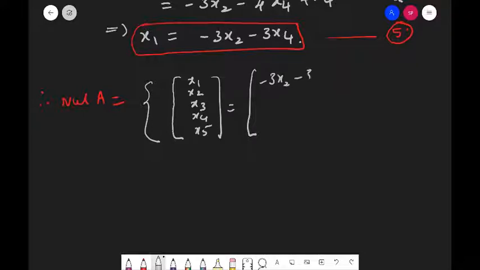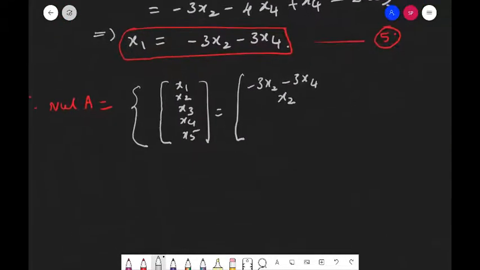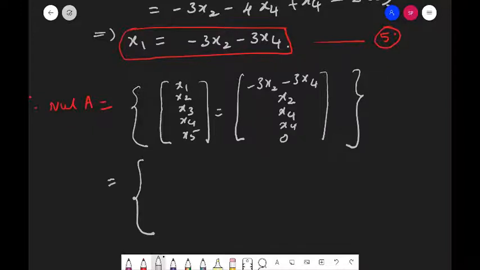Minus 3x2 minus 3x4. x2 is a free variable, as it is. x3 is x4, and x4 is x4. And x5 is 0. So you have 5 variables, but they are reduced to 2 parameters, x2 and x4.